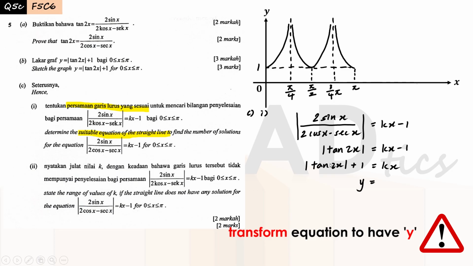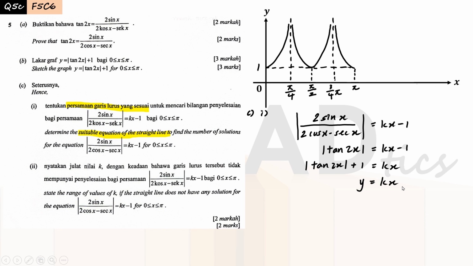So modulus tan 2x plus 1, we can change it to y, and here we can just put it down. So this will be our suitable straight line to find the number of solutions for this graph, which is y equals kx.